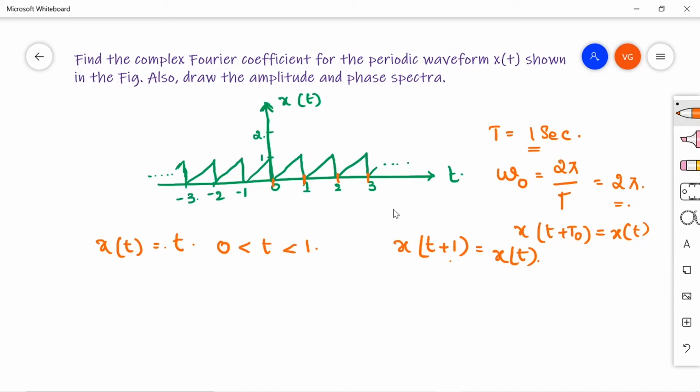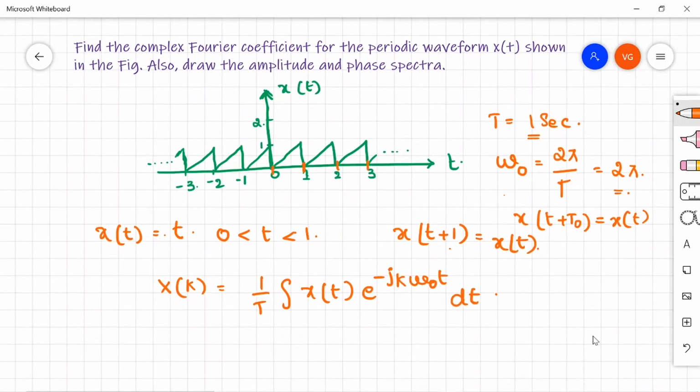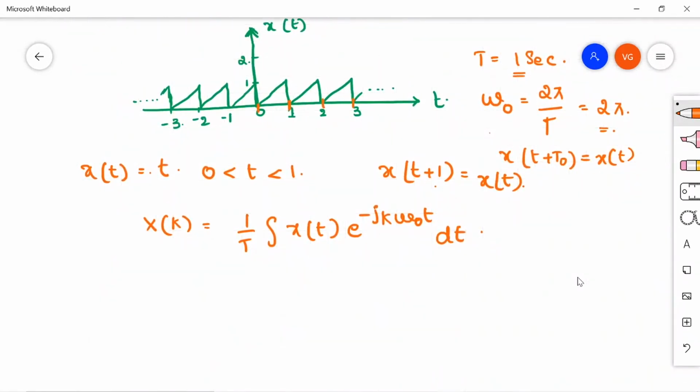Now let us find out the Fourier coefficients. For that we know x of k is nothing but 1 by T integral x of t e power minus j k omega naught t dt. Here omega naught, we found it as 2 pi, right? So let us substitute that. And the time period T is 1 here for us. So 1 by T is 1, integral x of t is t into e power minus j k 2 pi t dt, right?